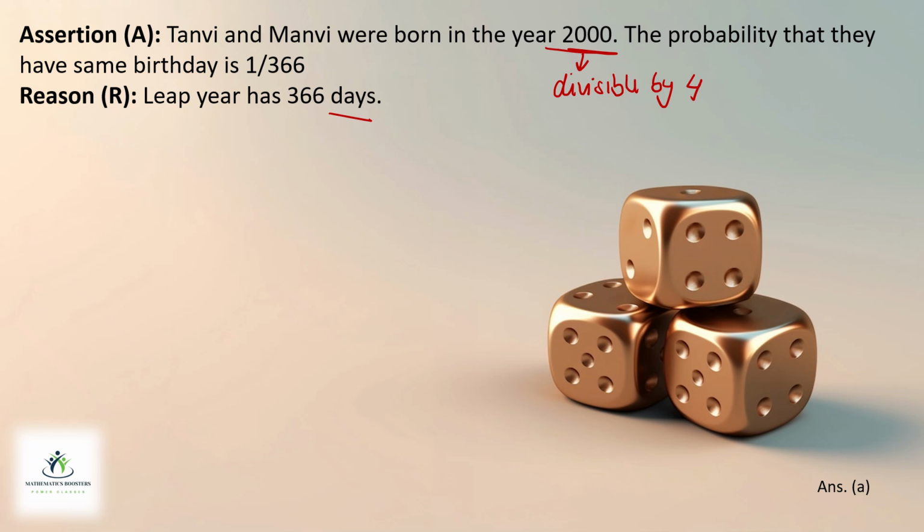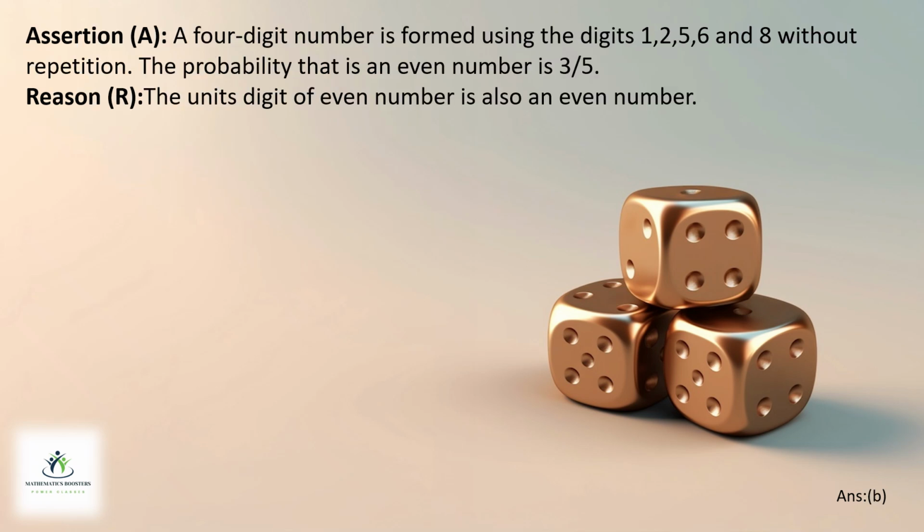Any year divisible by 4 is a leap year. So the probability of having the same birthday is 1 by 366. A leap year has 366 days. Both are true. And we have used the same reasoning. So this is also correct. Hence A.